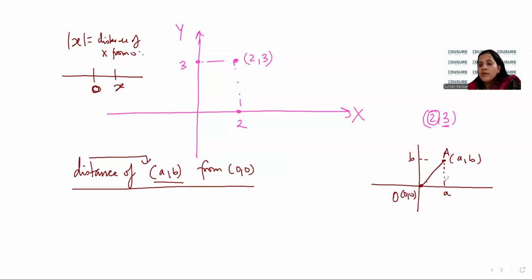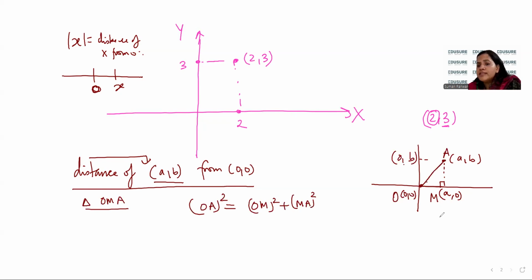Now, this is 90 degrees. So if we look at this diagram, suppose this is M. So if we look at triangle OMA, it is a right angle triangle. So in a right angle triangle, the square of the hypotenuse is equal to the sum of the square of the base and the perpendicular.